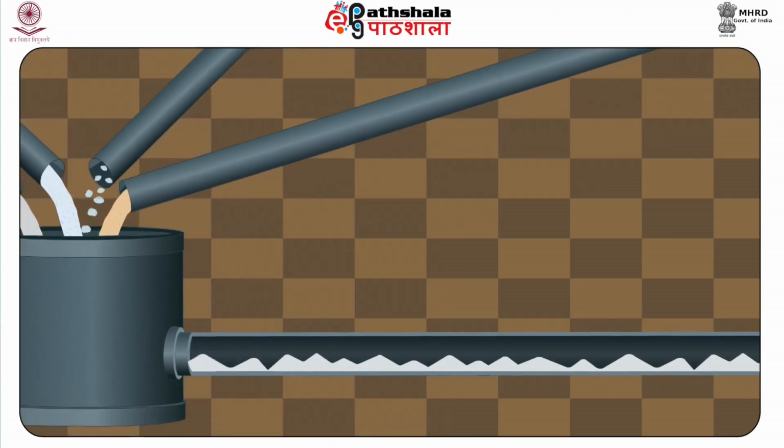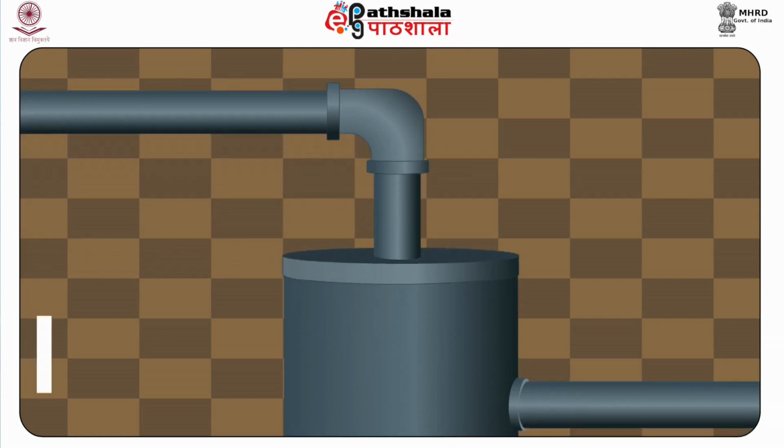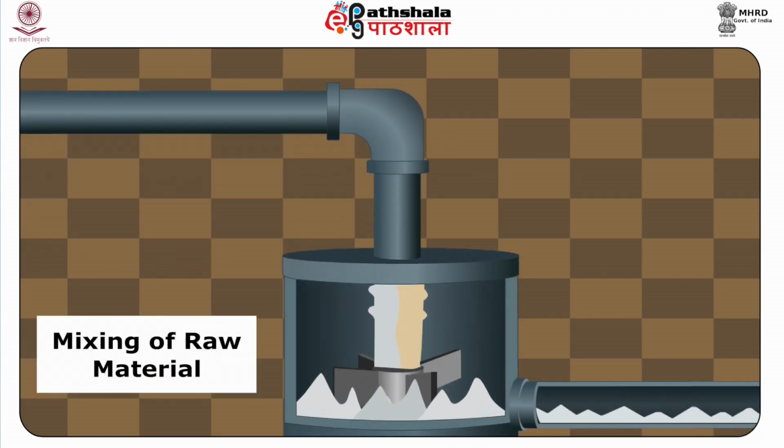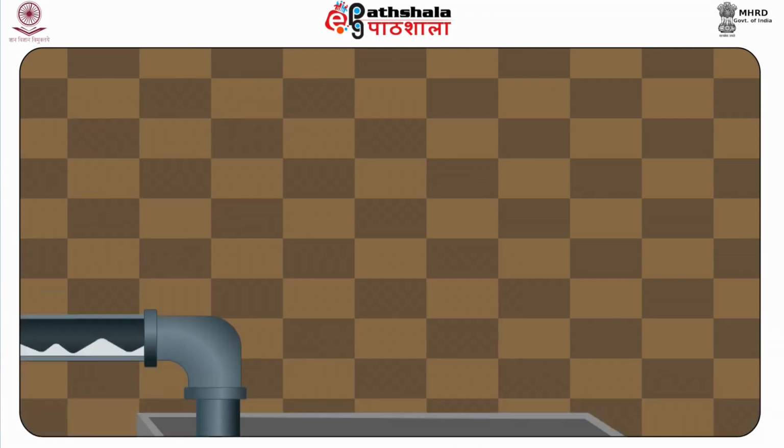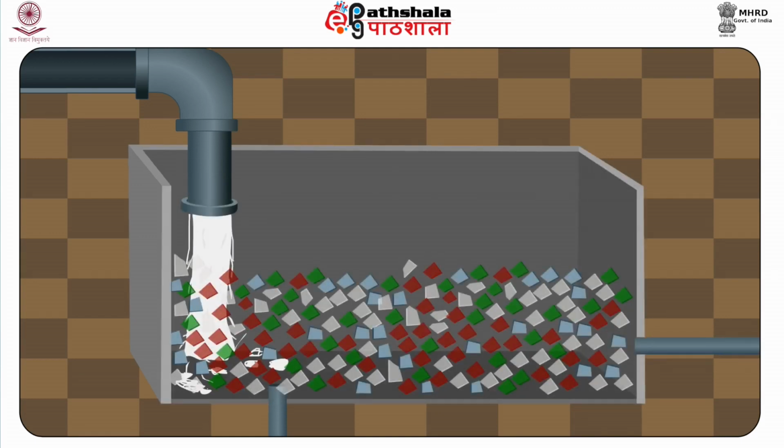All the major ingredients like soda ash, silica, etc., and minor additives present in the charge or batch are delivered to the furnace. Cullet, or waste glass, is also an important raw material that assists the melting process.